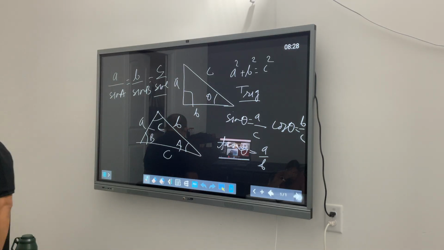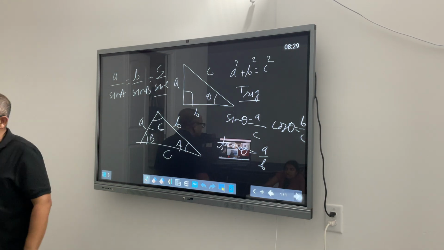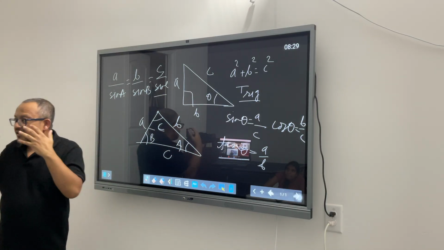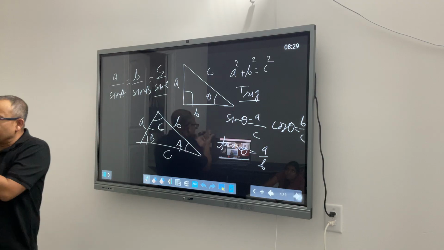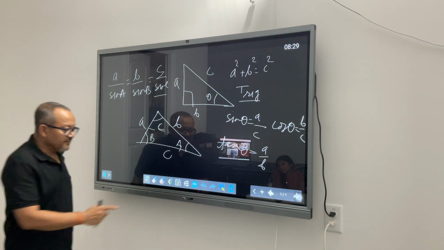Because one thing that you would have noticed, or you will keep on noticing, if not I will keep on reminding you guys to notice, is that for every triangle there is a very strong linkage between the side and angle.